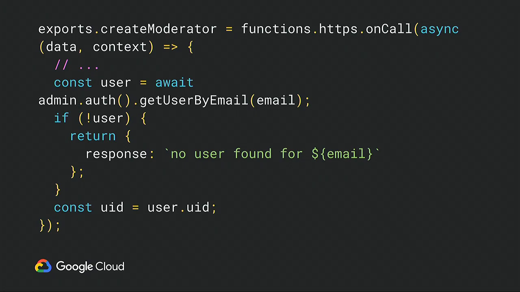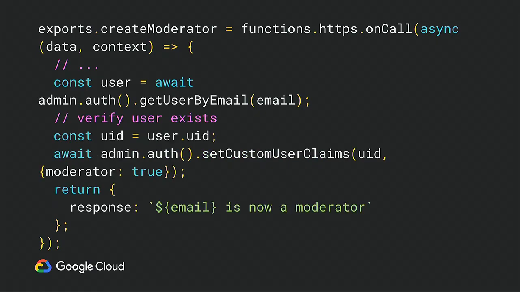Otherwise, we're going to get the user's UID, which is what is required to add these claims. So then we set custom user claims using their user ID, and then passing whatever claims we want. In this case, we're just doing moderator true. You could do several claims at once if you want. You can do them over time, and they'll still all be there.